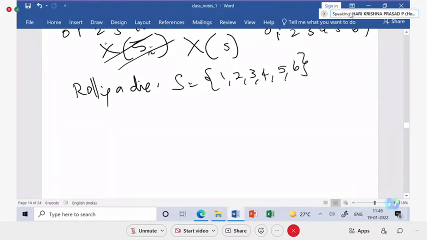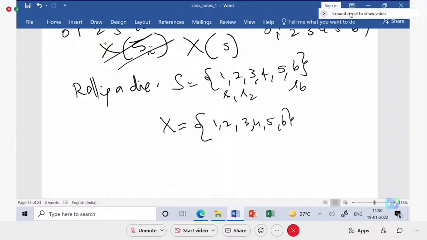Now, how do we represent the elements of the sample space S1, S2 and so on, S6? When I want to represent this set by a random variable X, I can have the same values, or I can have capital X as 10, 20, 30, 40, 50, 60.